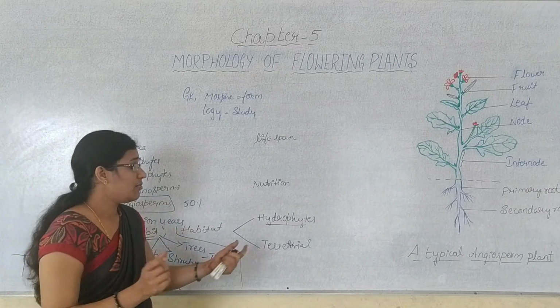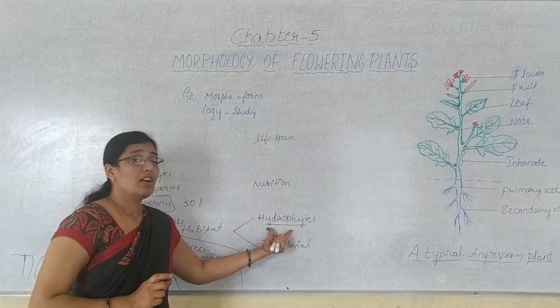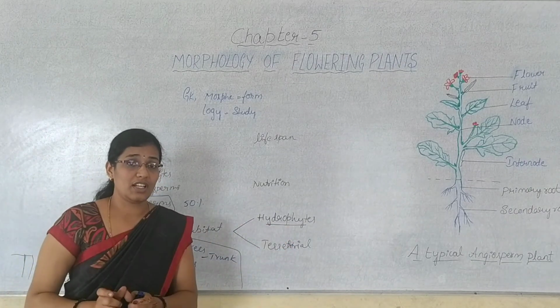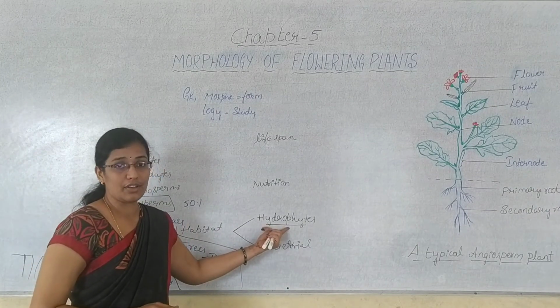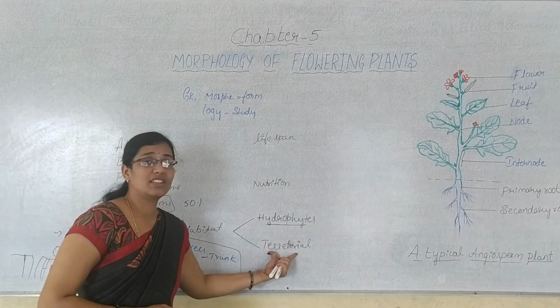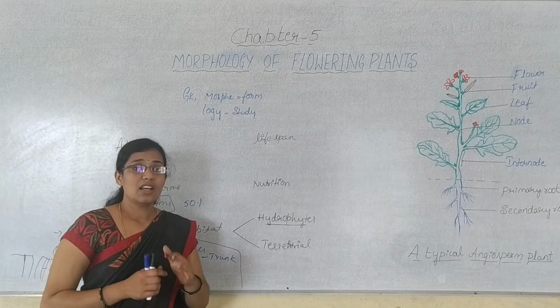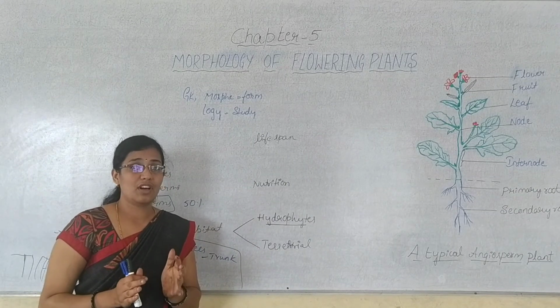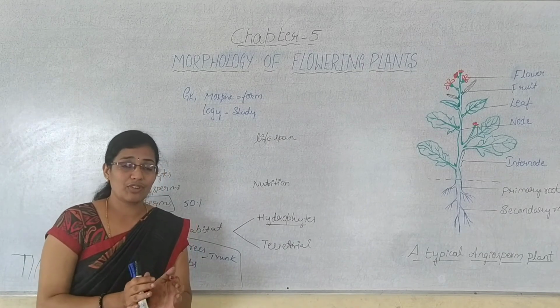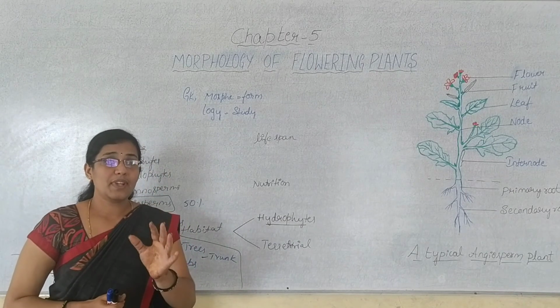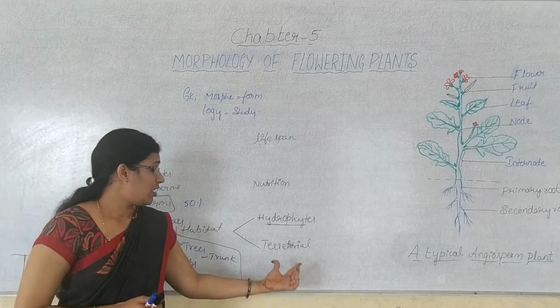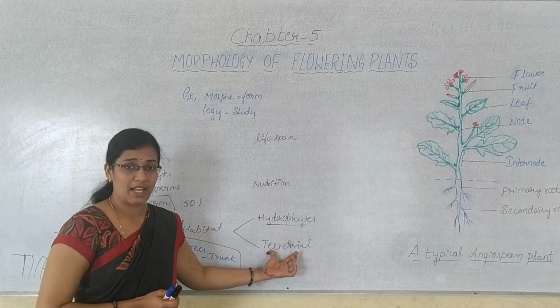But the medium of growth or place of dwelling of the plants, if it is water, then they are called as hydrophytes. But how about the terrestrial plants? Terrestrial plants are nothing but some of the plants which will be growing on land. So those plants which grow on land are called as terrestrial plants.